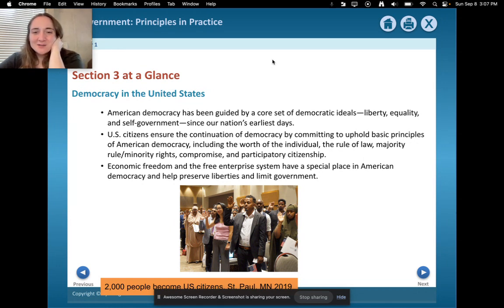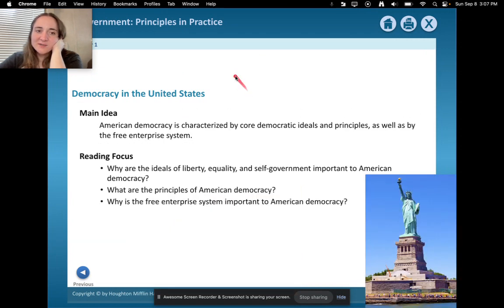Economic freedom and the free enterprise system have a special place in American democracy and help preserve liberties and limited government. So the main idea is that American democracy is characterized by core democratic ideals and principles, as well as by the free enterprise system.